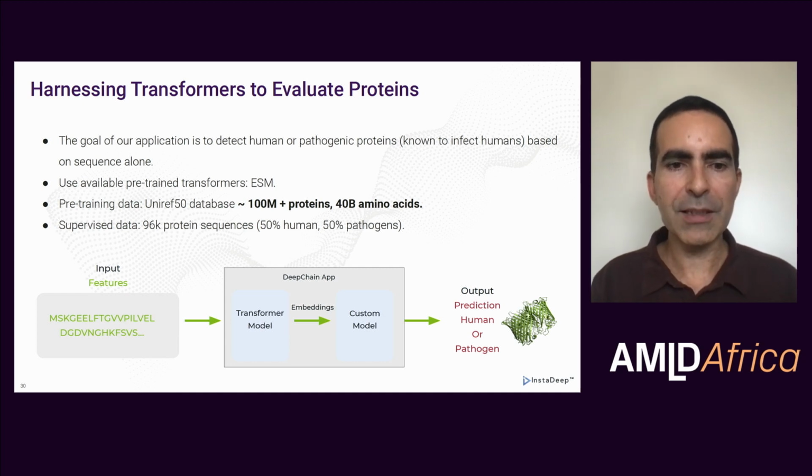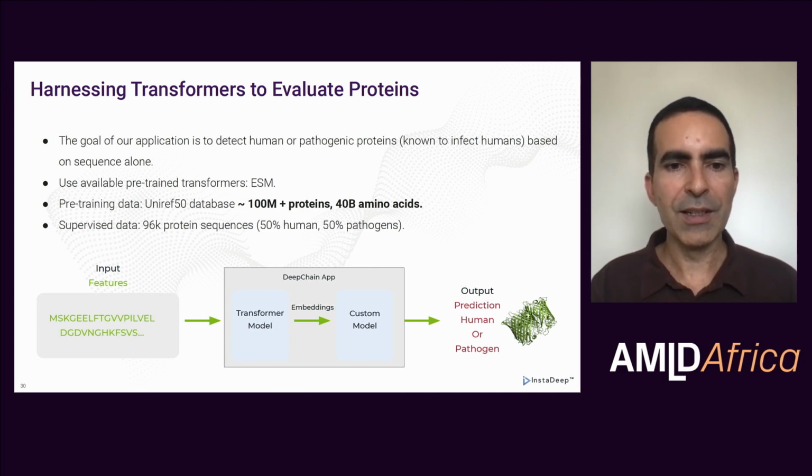So the idea we're pursuing in DeepChain is very similar, but we use transfer learning. Imagine that you want to detect proteins from pathogens. You have those very large pre-trained models. What you're going to do is create a custom model on top, like a multi-layer perceptron, and use the existing transformer model or the embeddings to build your prediction, and you get amazing results if you do this.